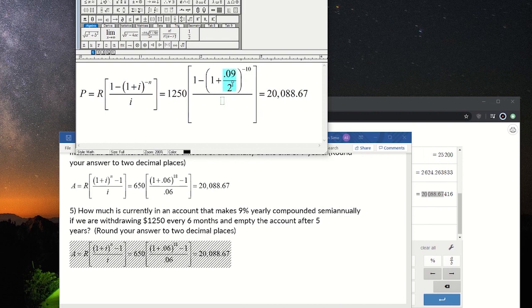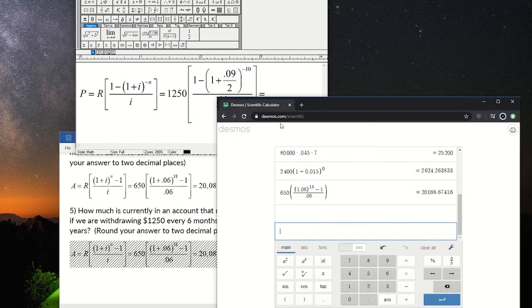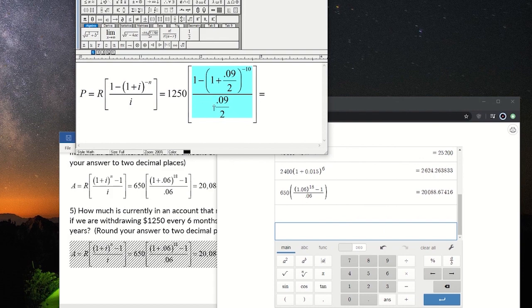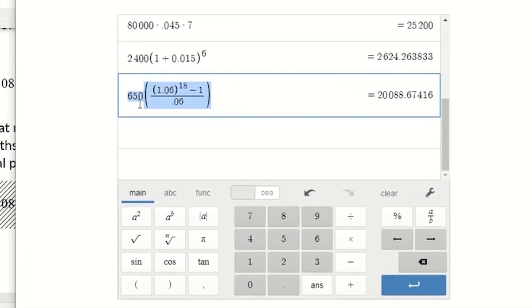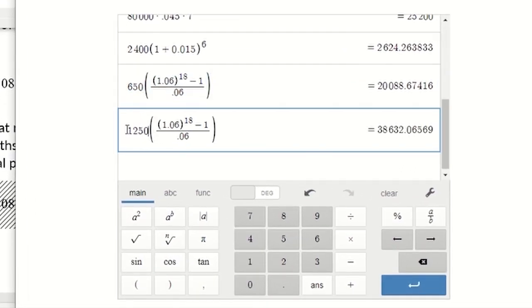So if I copy this, Control C, Control V, come over here and see what happens. See, I can't copy this. There's no way I'd be able to copy that into Desmos. I highly doubt that. Wishful thinking. Nope, didn't work. Okay, but I can copy this. Possibly. Control C, Control V, 1250.